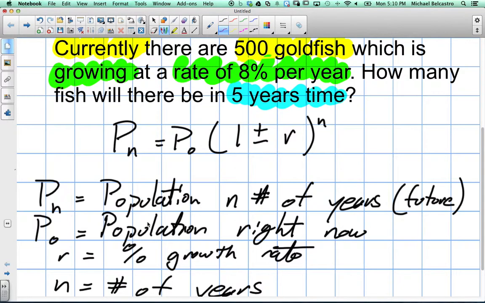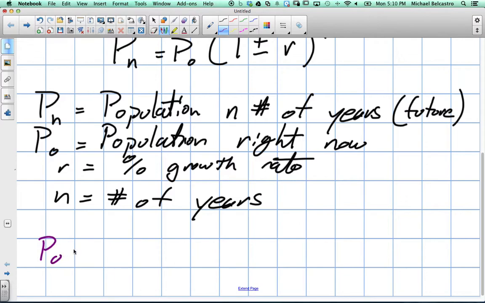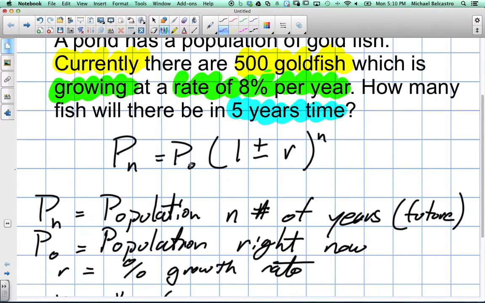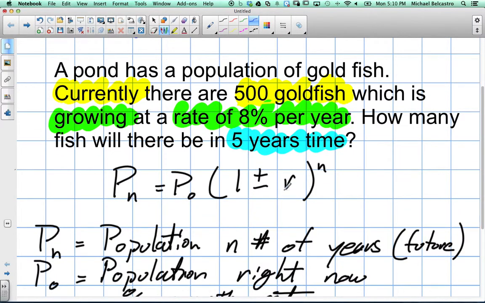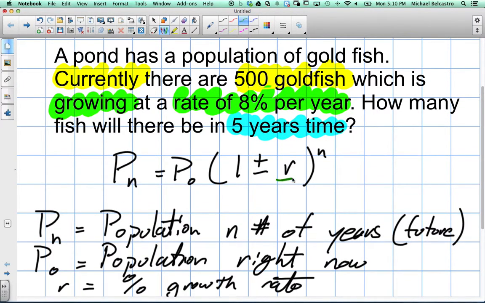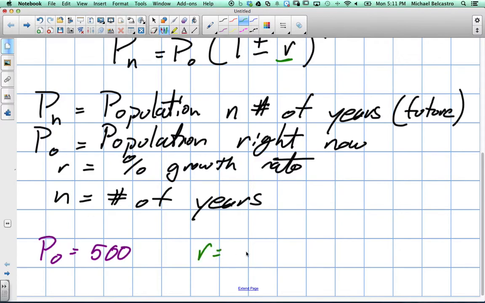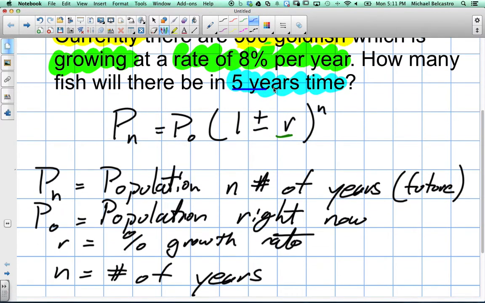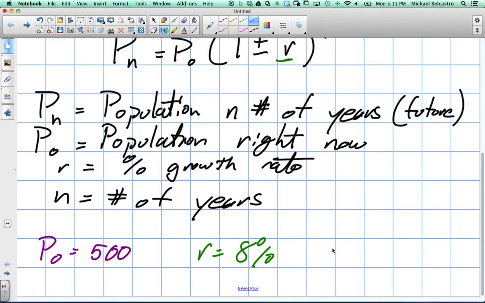Great, so let's write that in. Our P naught is equal to 500. What about our growth rate, R? It's growing at 8%, so R is equal to 8%. And our n, I think we highlighted it in blue. How many years is it? 5 years. So n is 5 years.